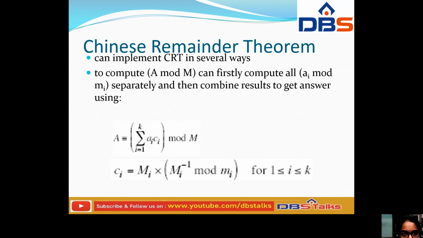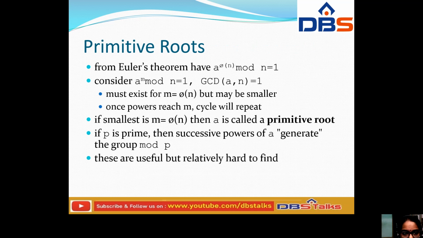Now these are the primitive roots. From Euler's theorem, a to the power phi of n mod n is equal to 1. If a to the power m mod n is equal to 1, then GCD of a and n is equal to 1. So it must exist for m equal to phi of n, but maybe smaller.